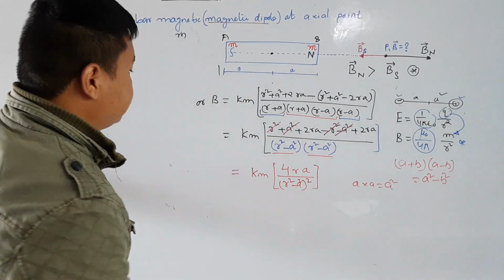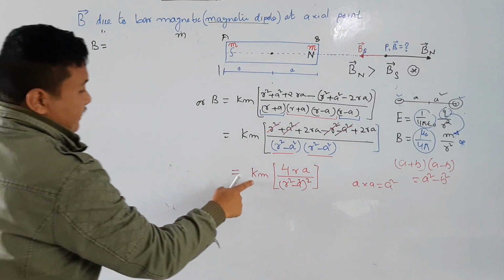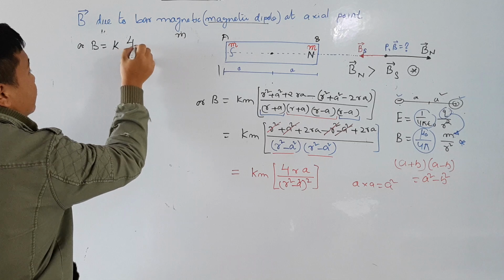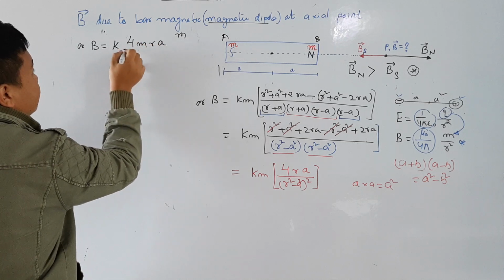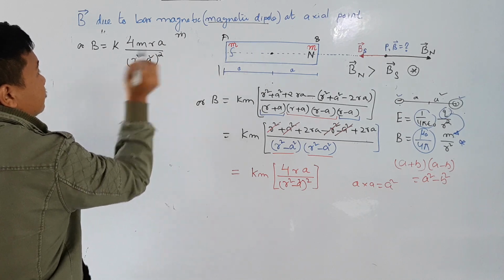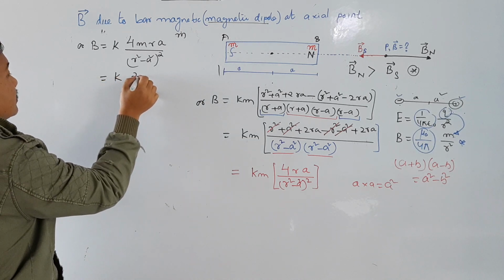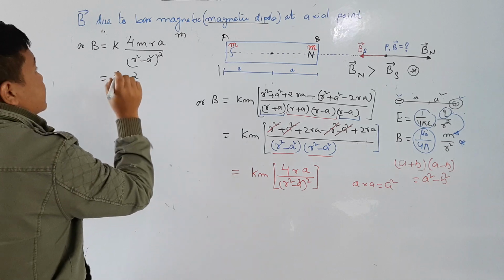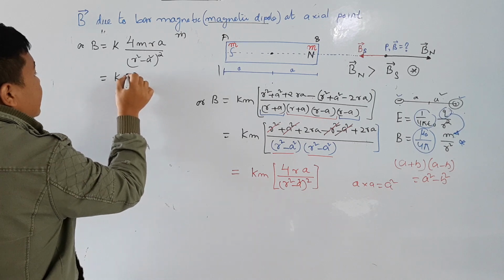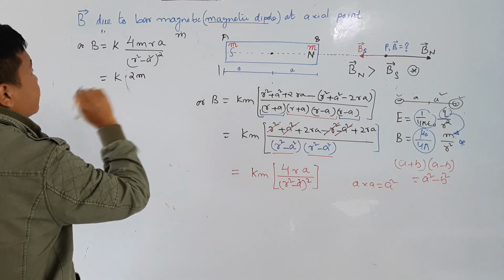So what do we get now? This net magnetic field is k, and there is m. I will just write 4mra divided by (r square minus a square) whole square. So this can be written as k 2mra.